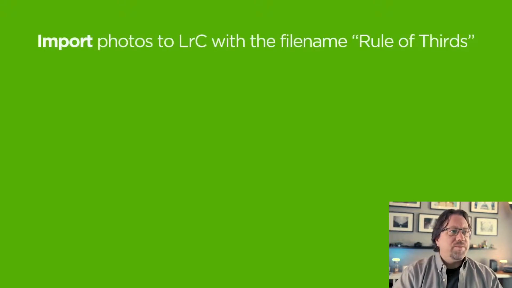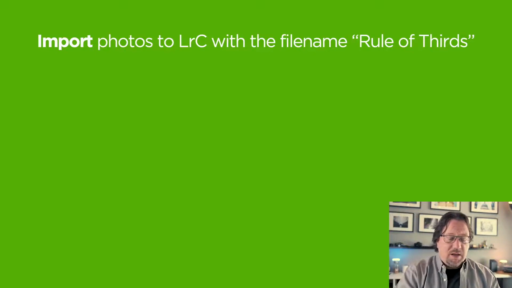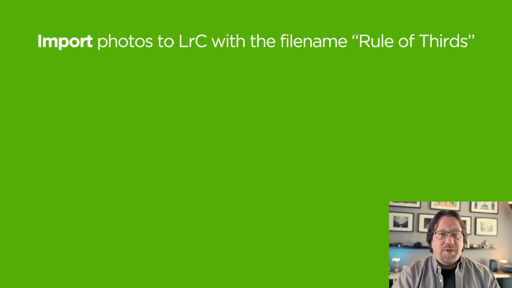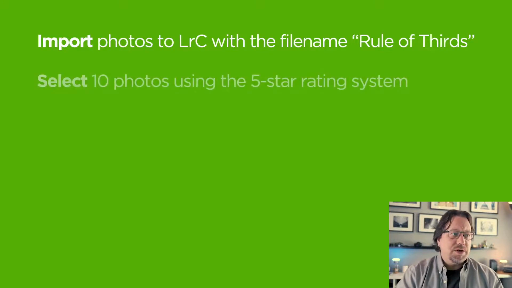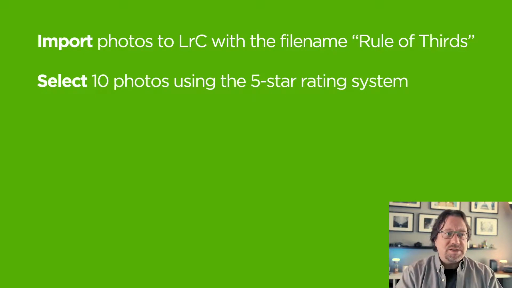So here's the process that we always do. You're going to import the photos to Lightroom Classic using the file name rule of thirds on the photos in step number 3 of the import step on the right-hand side of the import dialog. Remember, that's 10 points of your grade, so make sure you do that. You'll select of the photos you've imported and import all of them that you captured and created for this assignment.